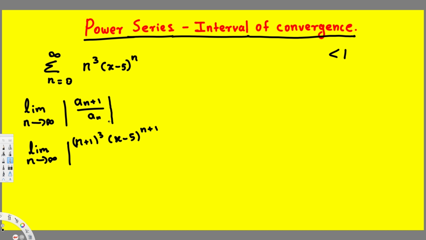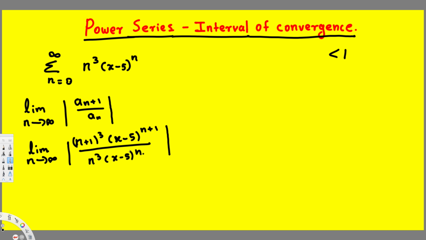And since we have no denominator, we can write the original function in the denominator. a_n is going to be this function, that's going to be n cubed times (x-5) to the power n. And let's cancel everything we can cancel.